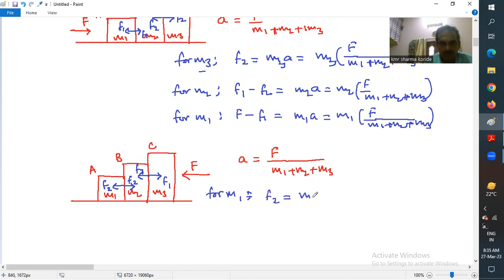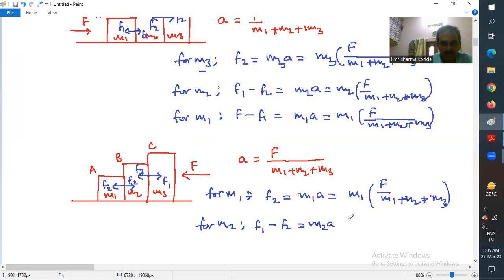F2 is equal to M1A. So you can replace this acceleration once again with F by M1 plus M2 plus M3. Now for M2, all the blocks are moving rightwards. So F1 favors M2, but F2 opposes M2, equal to M2A. So M2 gets multiplied with F by M1 plus M2 plus M3.